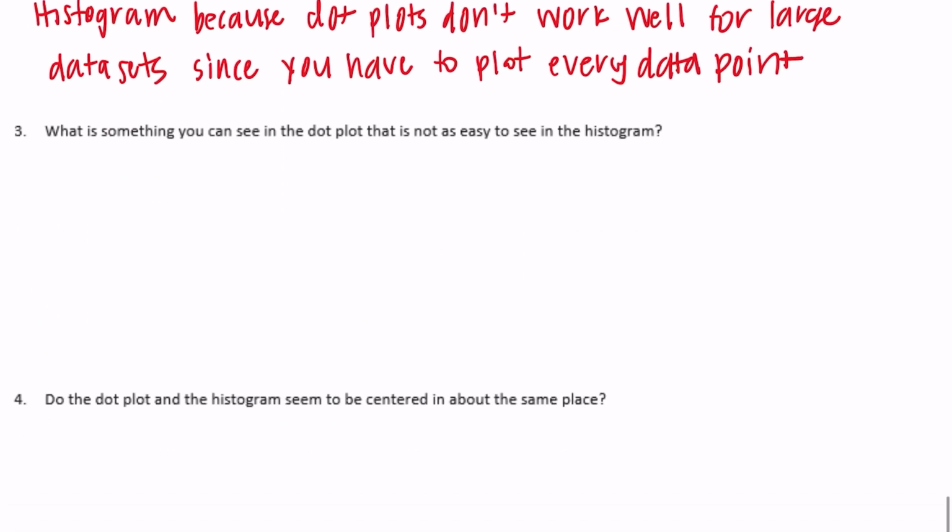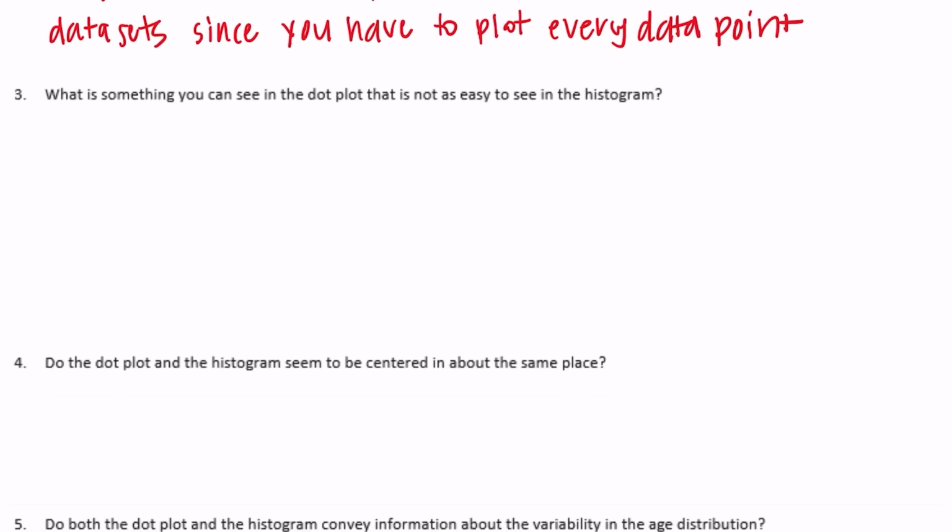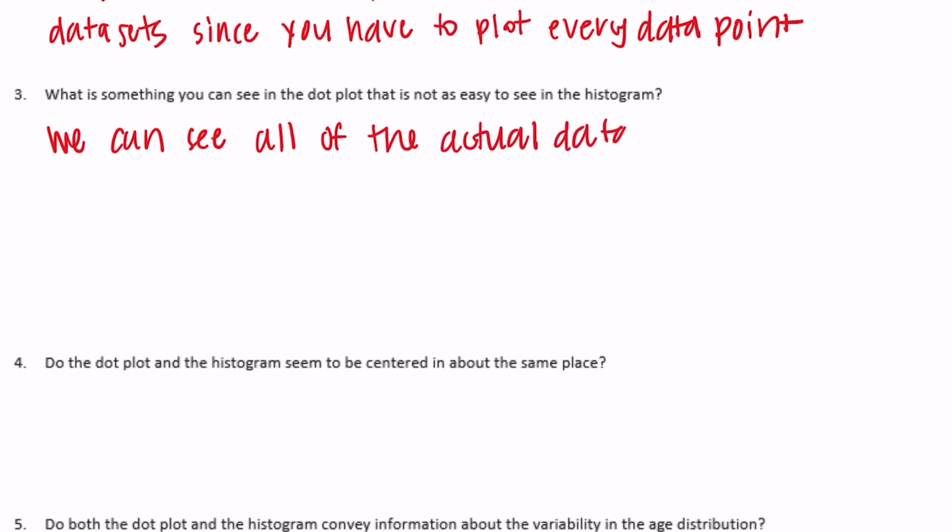So let's say, what's something you can see in a dot plot? We can see all of the actual data points or data values. We can see that the minimum is 18.